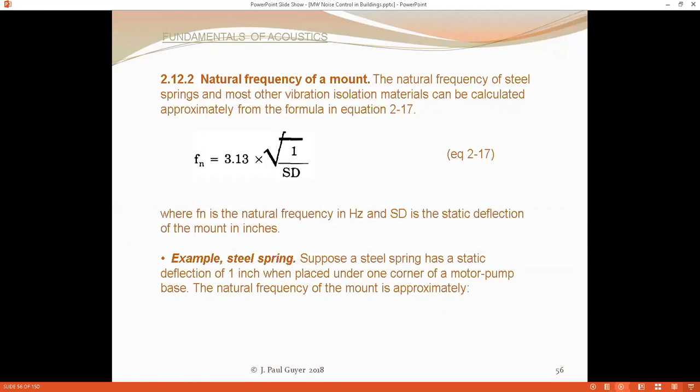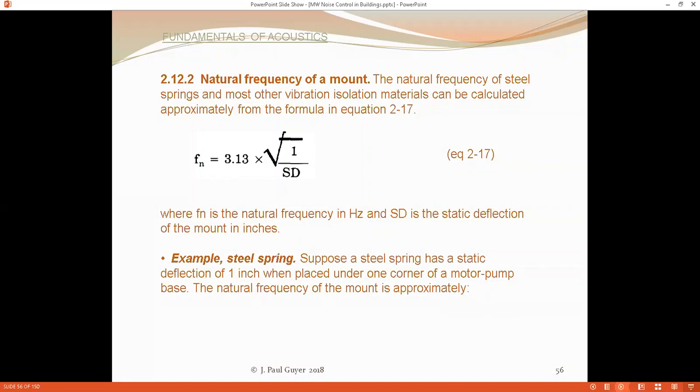SD in this formula is the static deflection. So the spring isolator has a certain length, 2 inches, and in an unloaded condition, you put the fan on the spring isolators and they squash down to 1 inch, so you've got a static deflection of 1 inch.